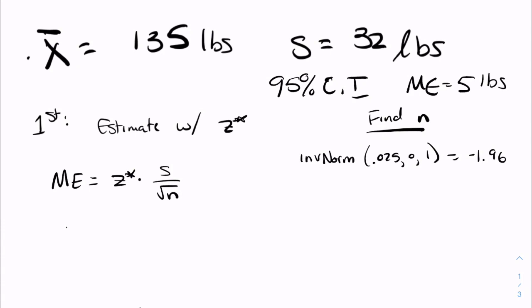So we can start plugging in our numbers. We have 5 equals 1.96 times 32 over the square root of n. And just to solve for n really quickly, we would divide by 1.96.